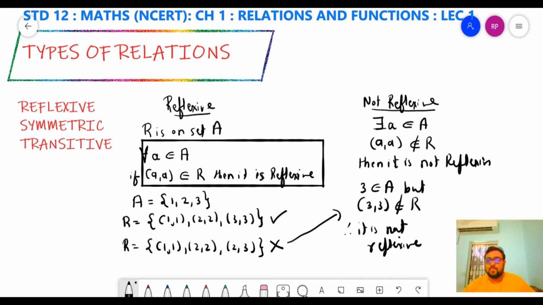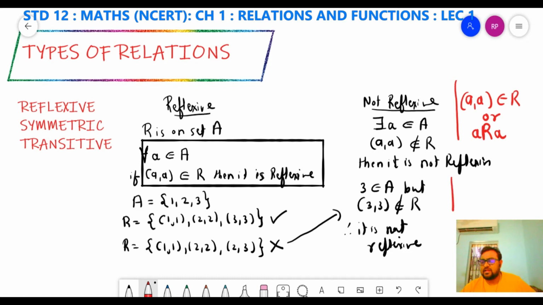Clear? Now, one more thing I want to write down. This symbol (a, a) belongs to R can also be written in this way: a R a. That means (a, a) belongs to R. Clear?